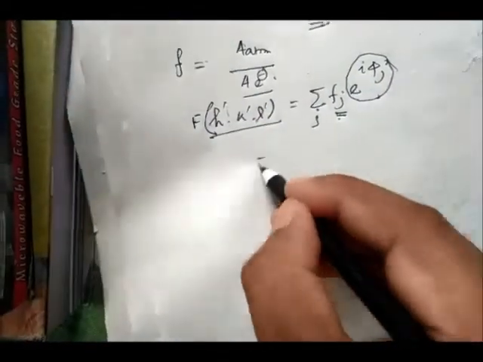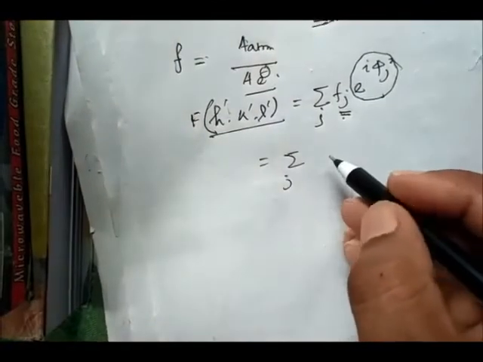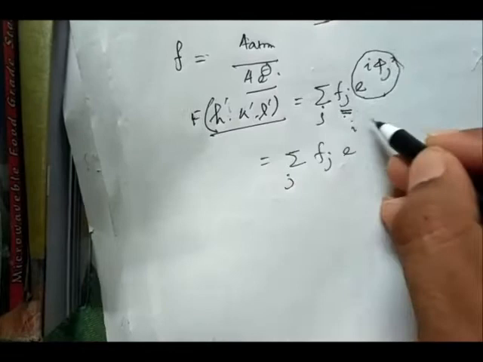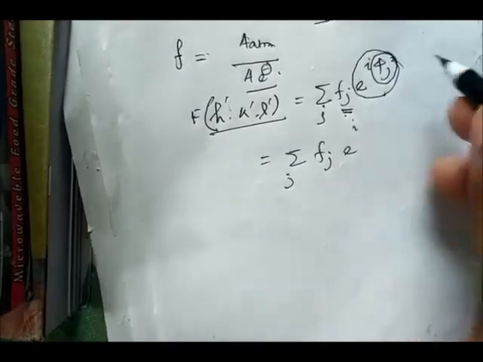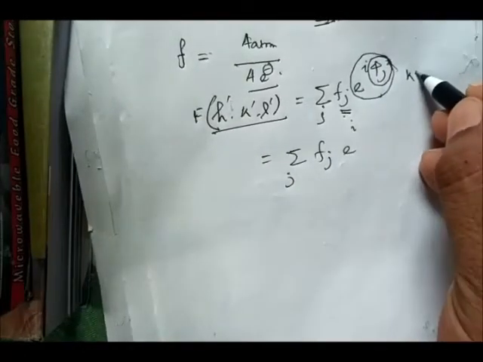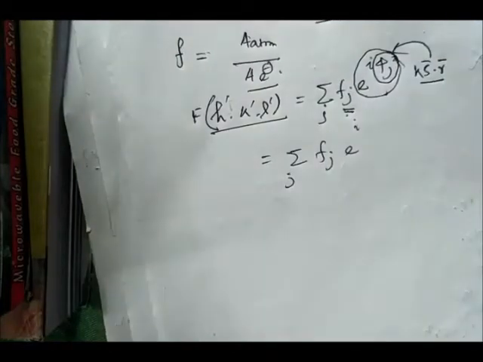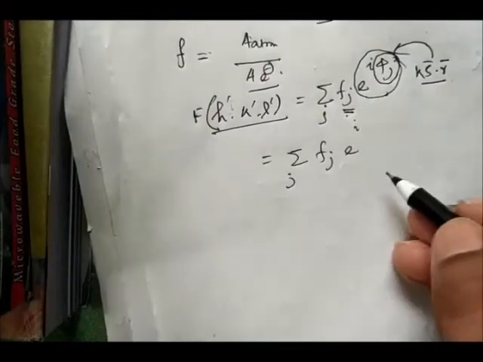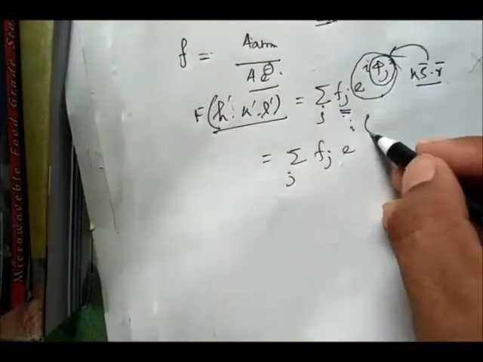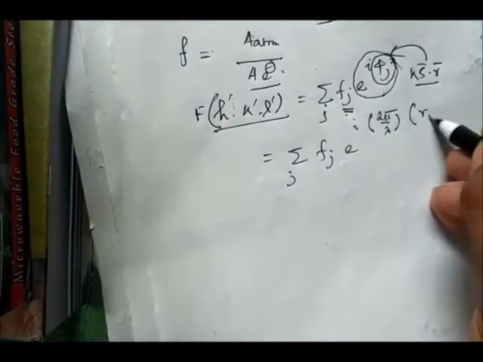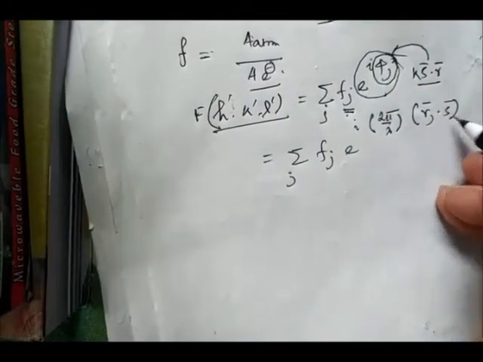Now I can write this as sum over j of fj e to the power i phi j. This phi j is basically k times s dot r. You have already learned this. So this k times s dot r, I can write as 2 pi divided by lambda, rj dot s.